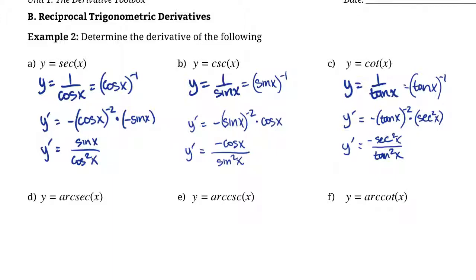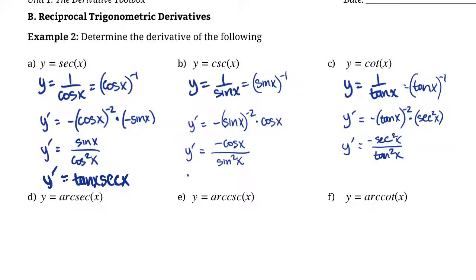Now, as I sort of mentioned, there's other forms of these. If you plug these three things into Wolfram Alpha or something to tell you what the derivative is, it actually gives you that the derivative of secant is tan x secant x, which is a little bit simpler.